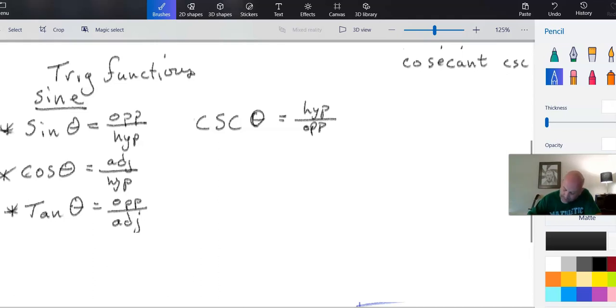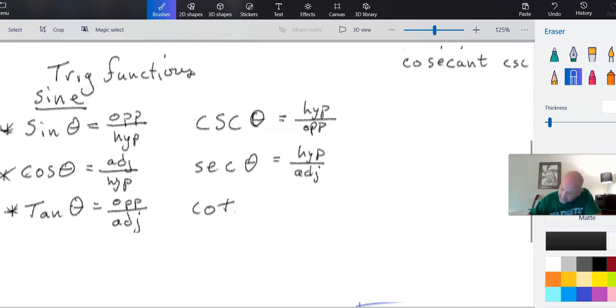The reciprocal of cosine is secant, which would be the hypotenuse over the adjacent side. And then the last one is cotangent. Cotangent theta, which is the adjacent over the opposite.